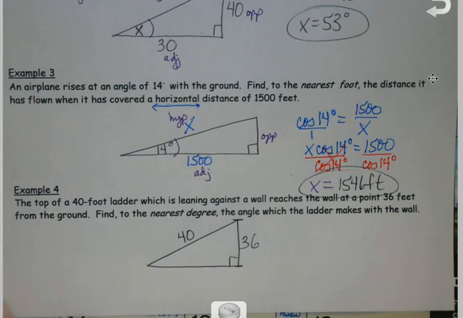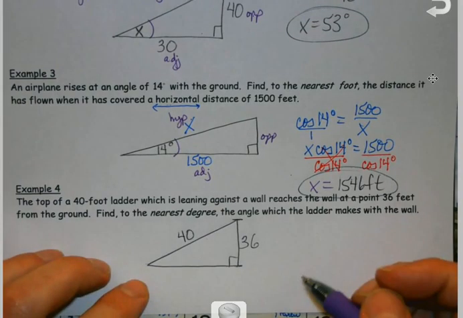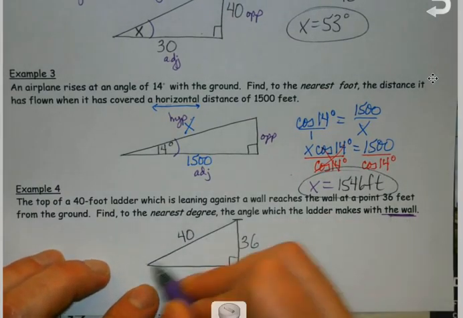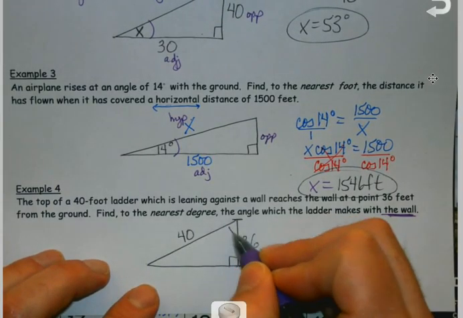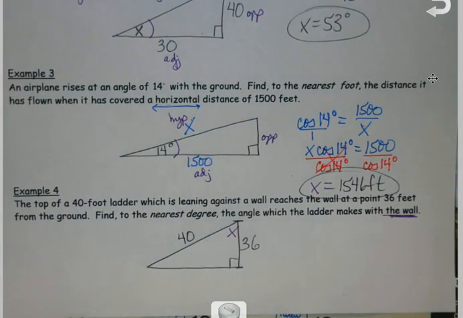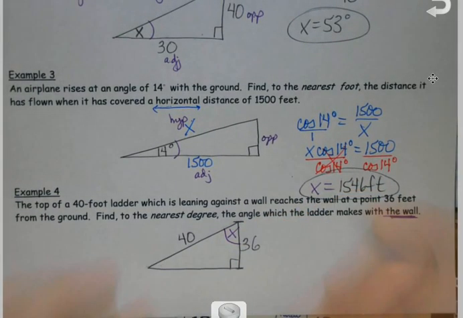Find the nearest degree, the angle which the ladder makes with the wall. Ladder, wall, there's my angle. Okay, so little words like the ground, which tells me here, the wall, that tells me up here. I've got to watch for those things and make sure I get that situated. Okay, so I've got that up here.